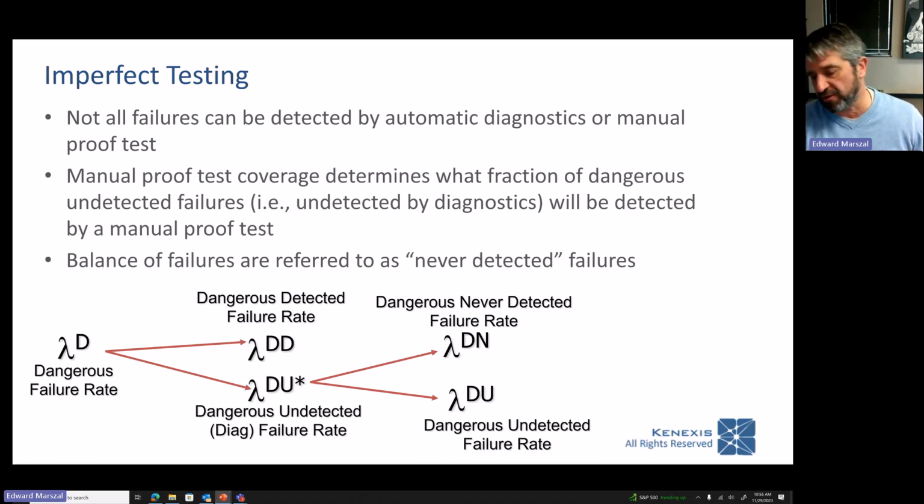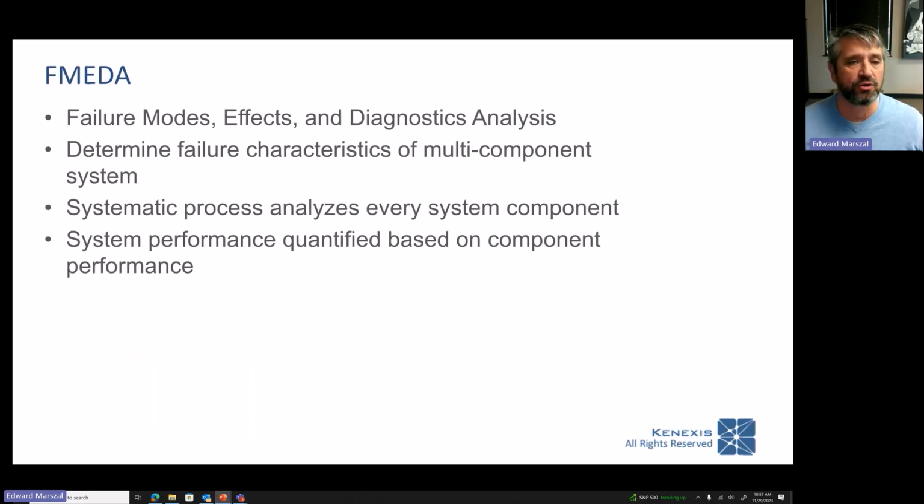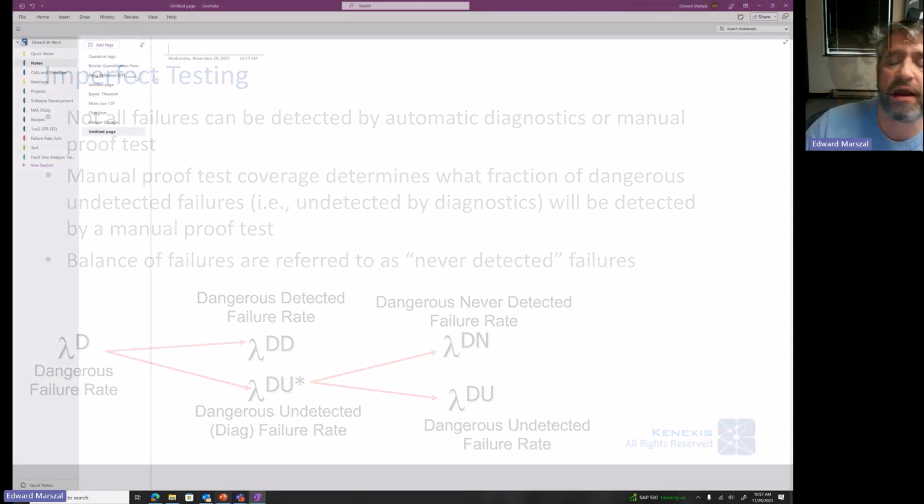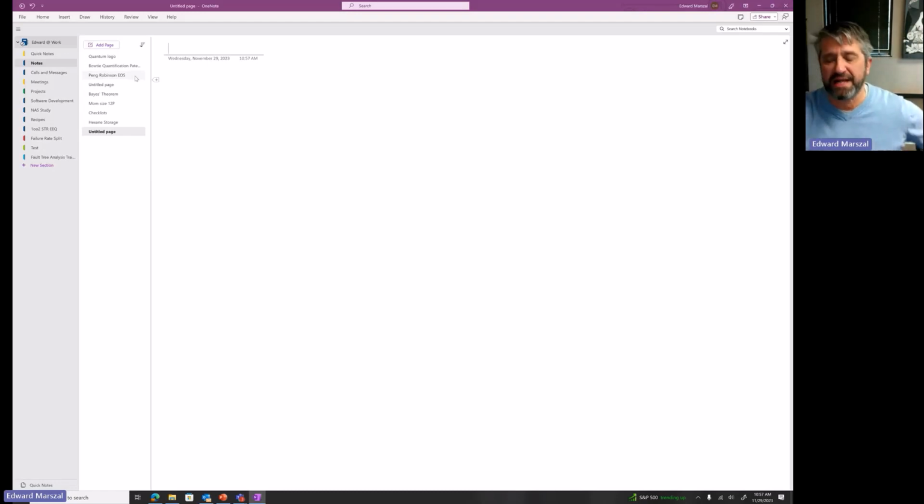But a lot of people, especially when they're first introduced to SIS, struggle with: what do you mean I tested the device and it worked, but you're telling me it's still failed? That doesn't make any sense to me. The reason is there are some failure modes that you might not be able to detect depending on how you do your tests. Here is a great example of why we consider never detected failures.